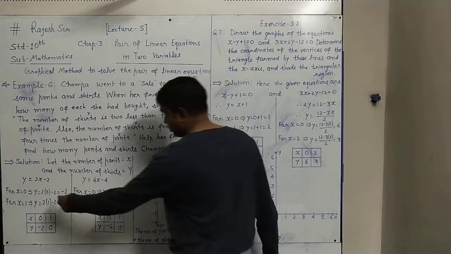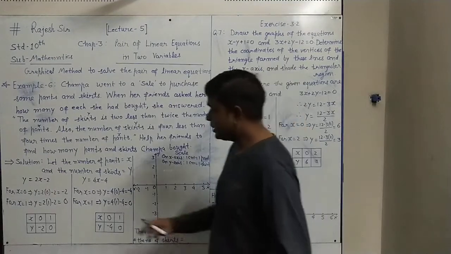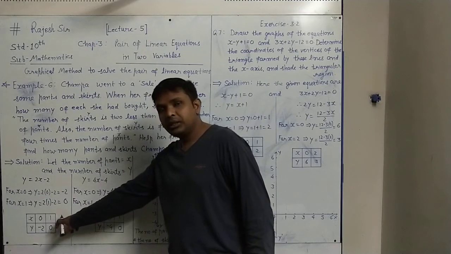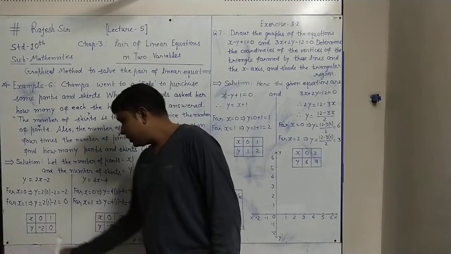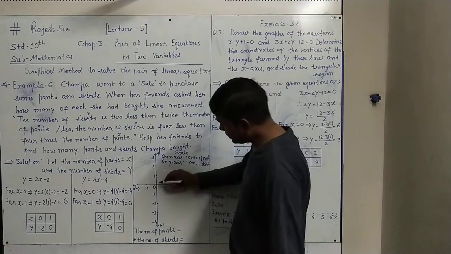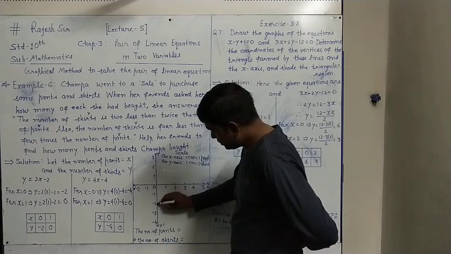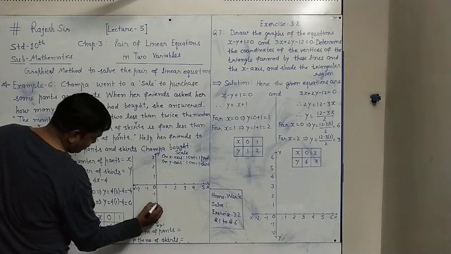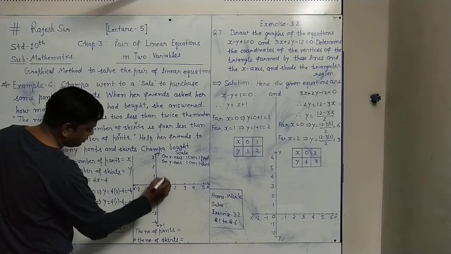Now, using the two solutions, we will draw the graph of each equation. This is the first equation. To get its graph, we take the two pairs of solutions. Here x = 0, y = -2: place this point. x = 0 is this point and y = -2, so this point is (0, -2). The next point is (1, 0): x = 1 here and y = 0 means no height.